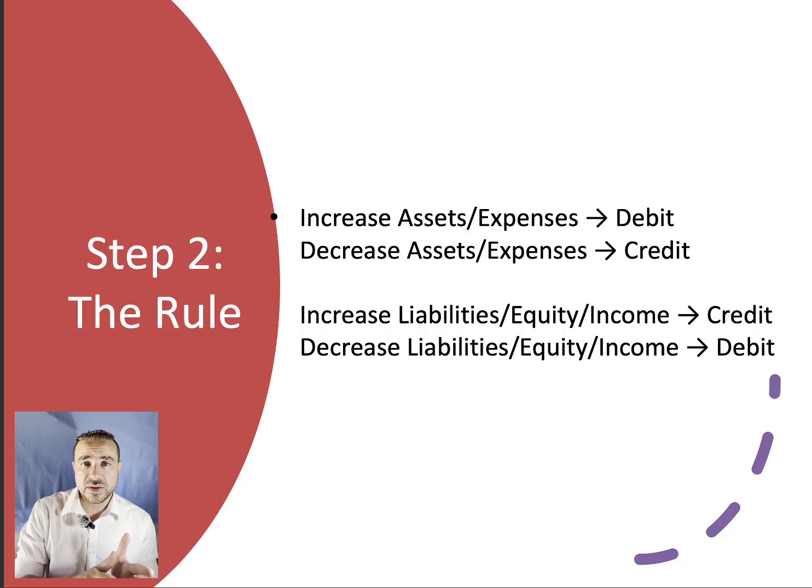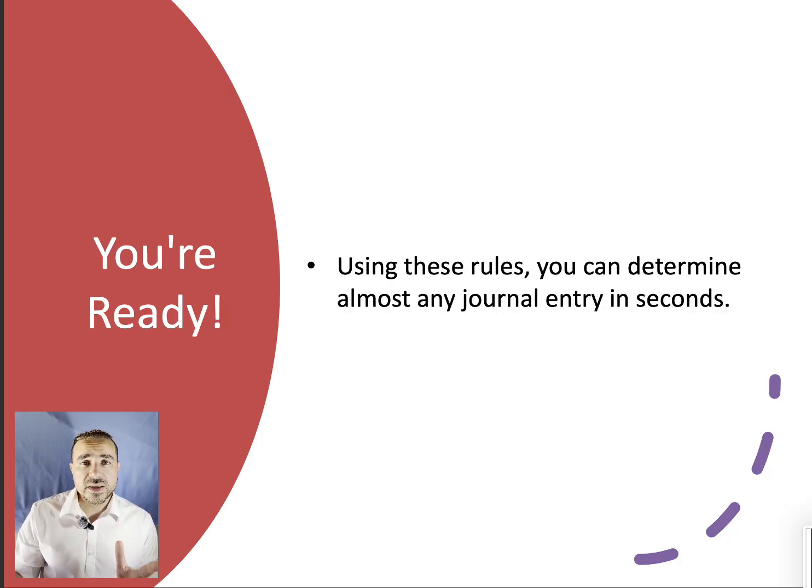On the credit side, you put liability, income, and equity. If you want to increase any of these accounts, you put them in the credit in the journal entry, and if you want to decrease them, you put them in the debit side. By doing this, you will be able to book any journal entry in just 10 seconds.